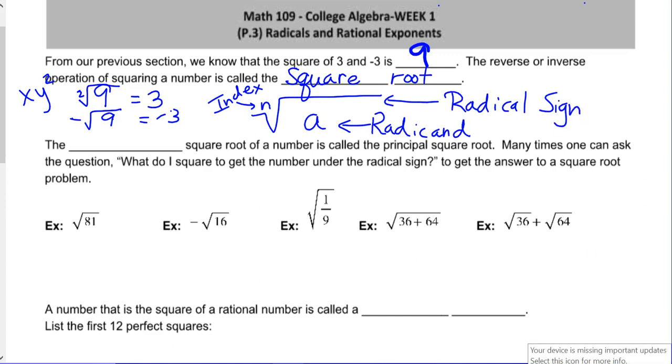So there's some terminology for you in order to get used to these radicals. We call the positive square root of a number the principal square root. It's actually this first one that I did here for you.